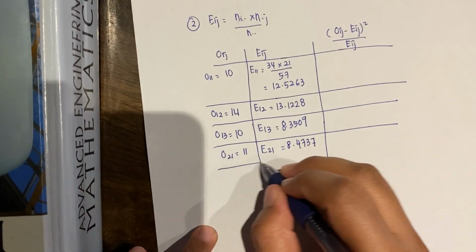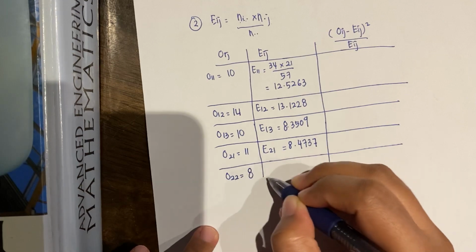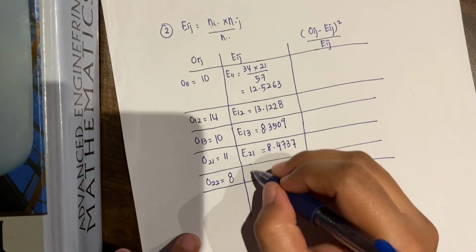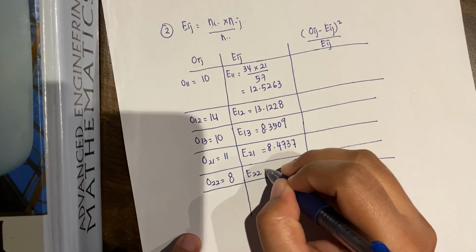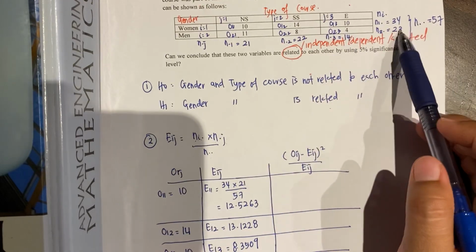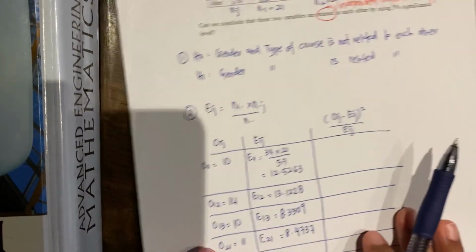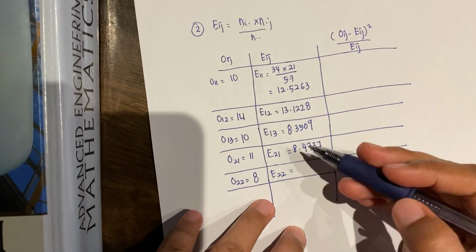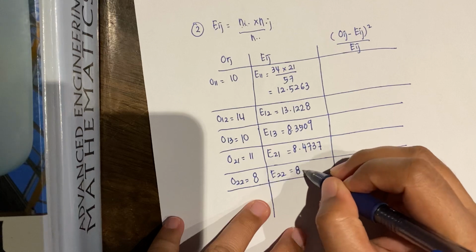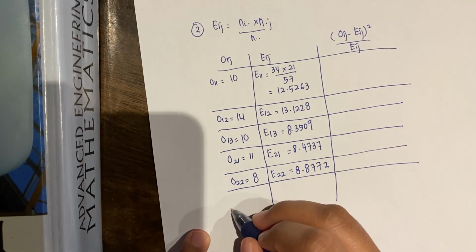Then O22 is 8, so we need E22. The E22 position is here, so 23 times 22 divided by 57. You will get 8.8772.